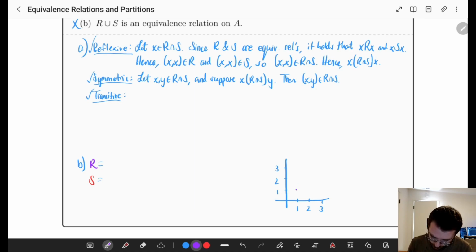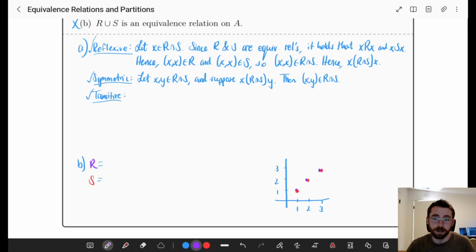Well, let's say R has... they're both going to have all the diagonal, right? So let's just go ahead and include that for both. Sort of overlap the purple and red, or imagine they're overlapped.